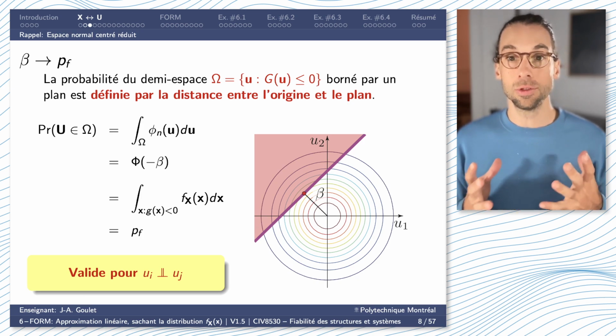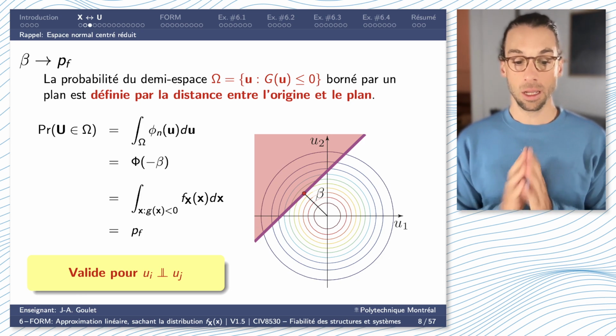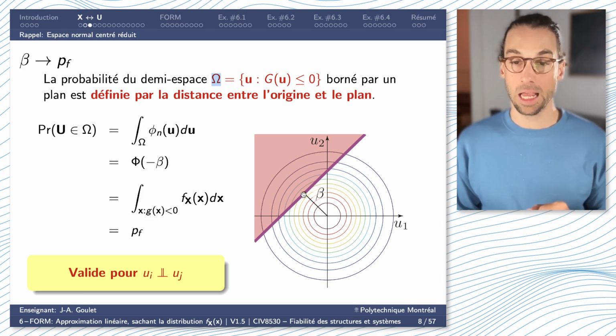We use that standard normal space in the context of probability theory because, for a failure domain omega that is bounded by a plane, the probability content on one side of the plane is fully defined by the distance between the origin and that plane.